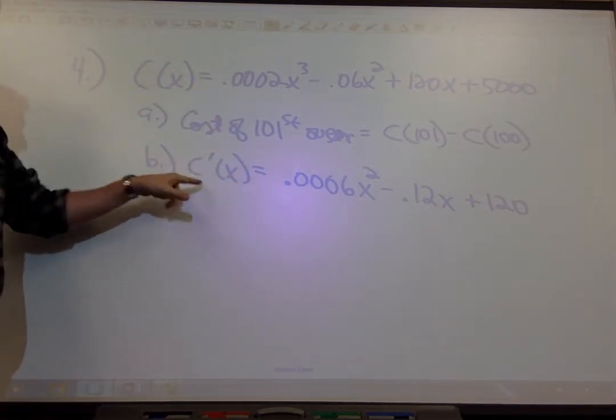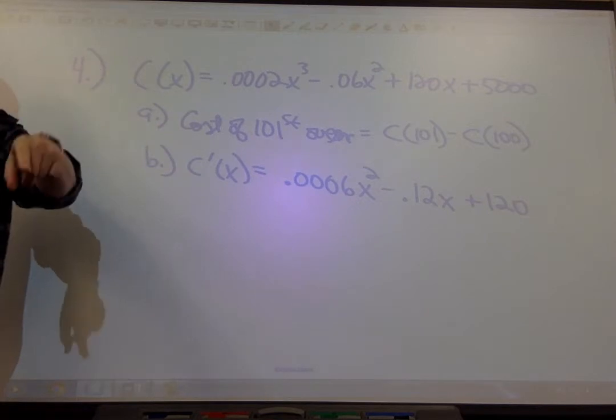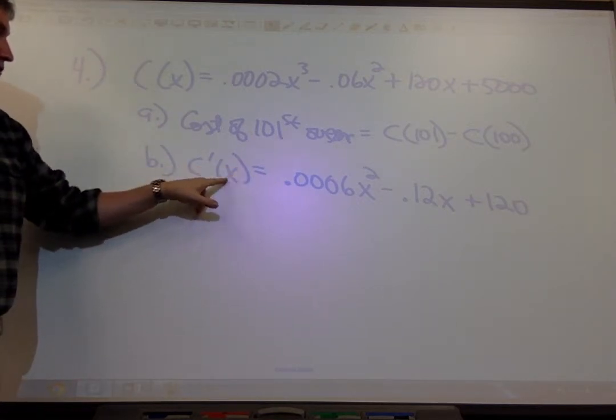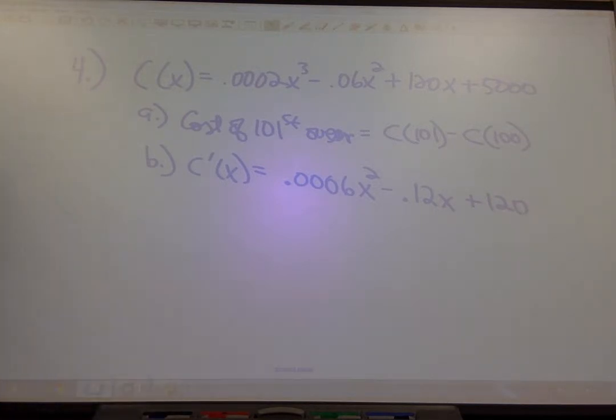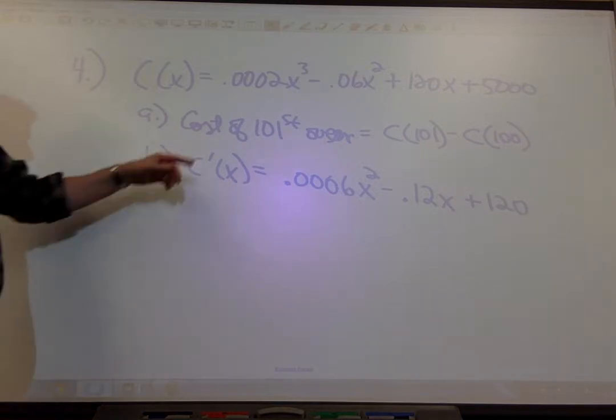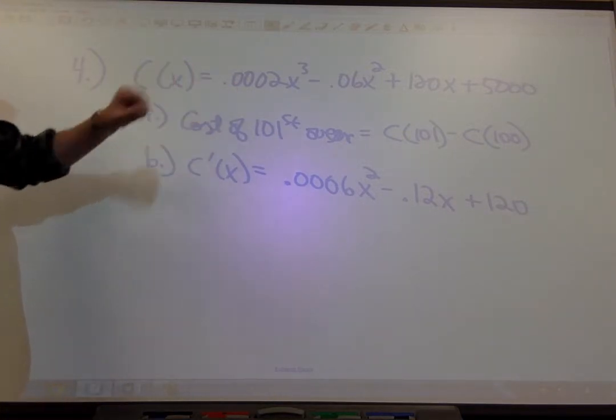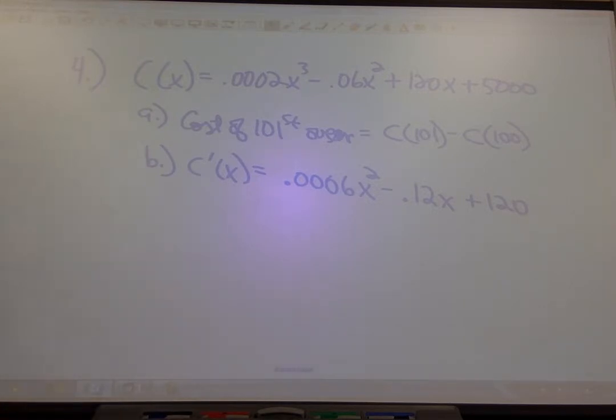If I want to find the cost of the 101st, 201st, 301st, I just find C prime of 100, C prime of 200, C prime of 300. And it gave me the 114, the 120, and the 138. Isn't that great? Instantaneous rate of change. That's basically finding the instantaneous change in cost when you make 100 of them.